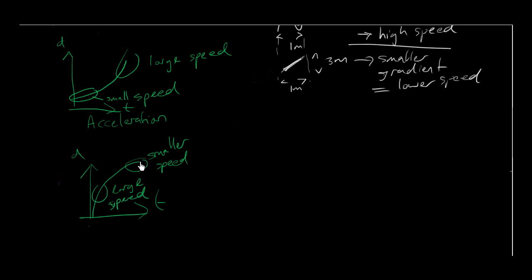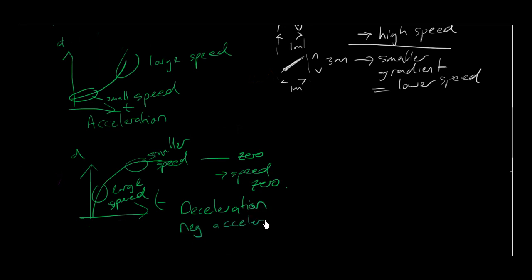Until eventually this could even get flat, and if it gets flat, then the gradient would be 0, and so the speed would be 0. Right, so if it goes from a larger speed to a smaller speed, then there's a deceleration or a negative acceleration. It's the same thing, or negative acceleration.